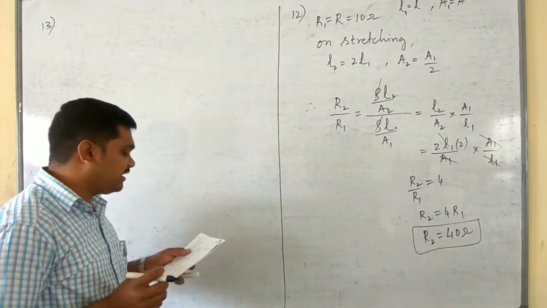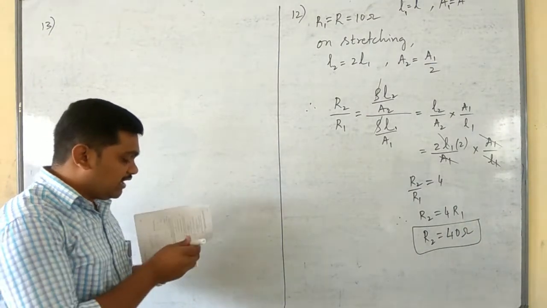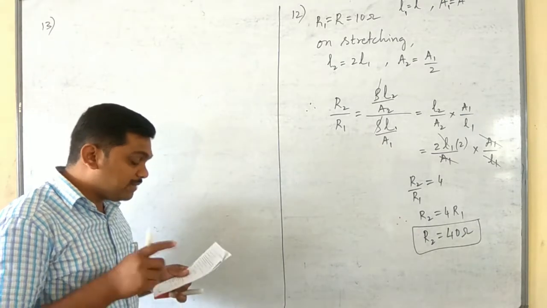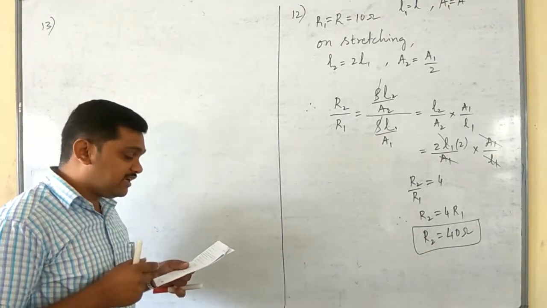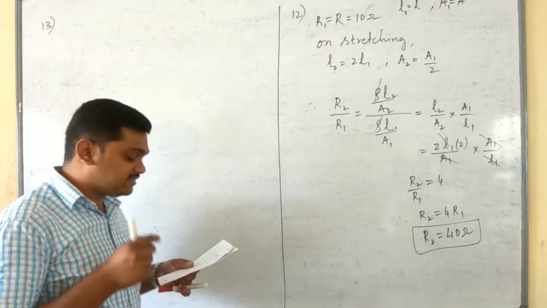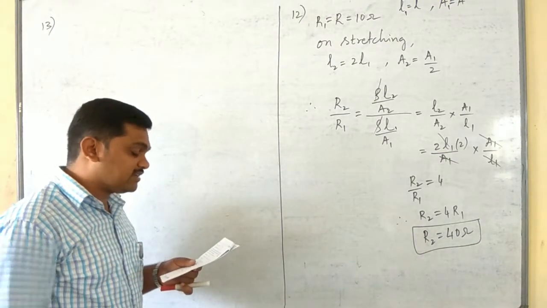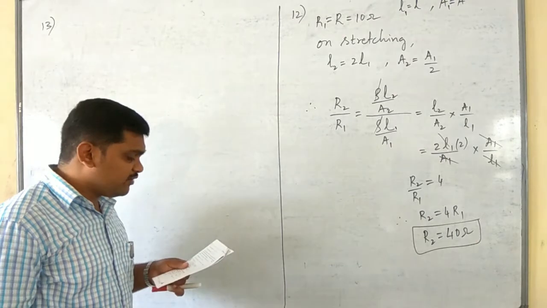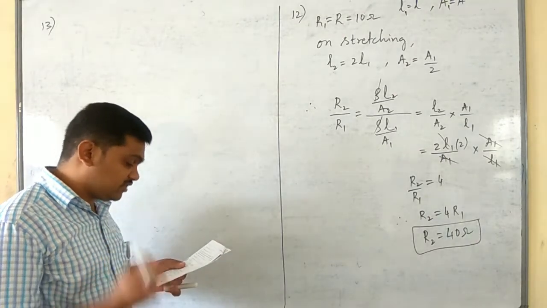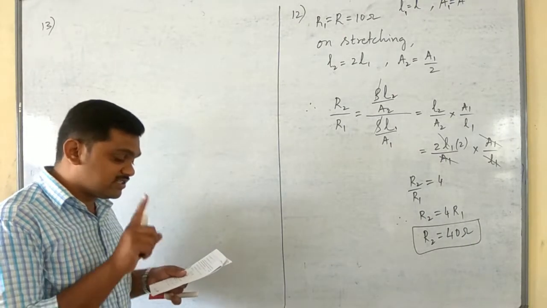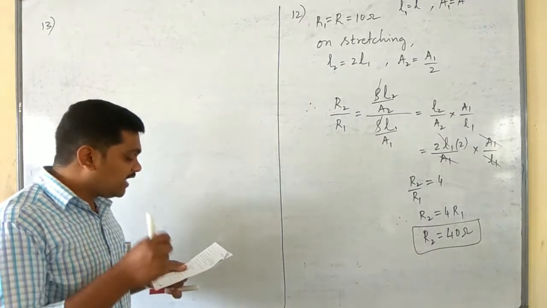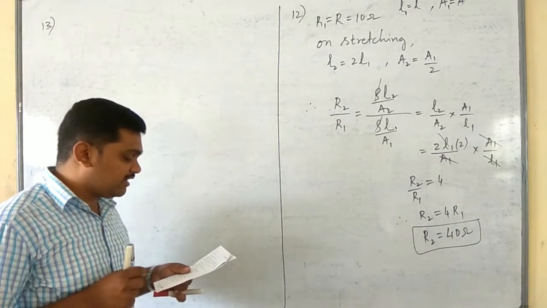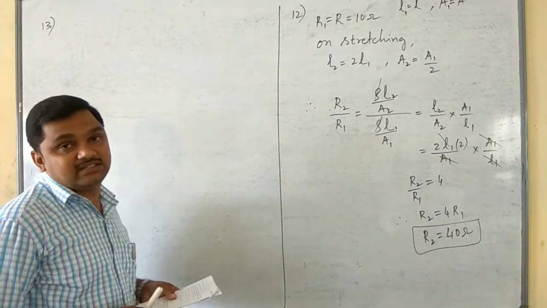A wire having length 2 meter, diameter 1 millimeter and resistivity 1.963 into 10 power minus 8 ohm meter is connected in series with a battery of EMF 3 volt and internal resistance 1 ohm. Calculate the resistance of the wire and current in the circuit.